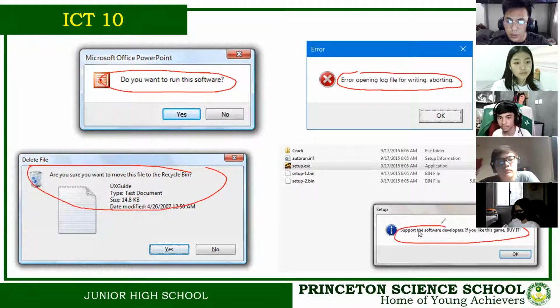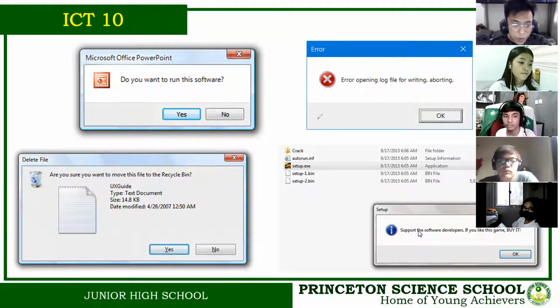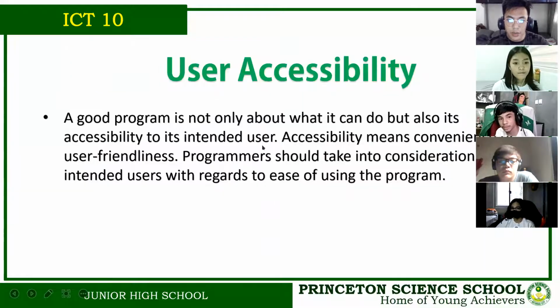A good example is this one, which we encounter most frequently. If you're deleting something and transferring it to the recycle bin, the recycle bin is going to ask, are you sure? So that is the message box asking you for confirmation. That is the purpose of message boxes.